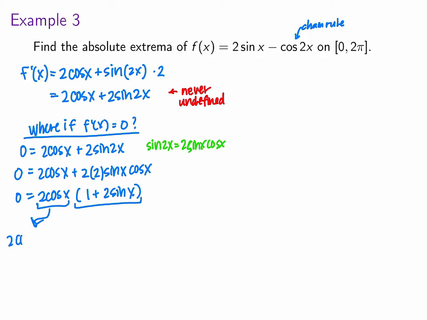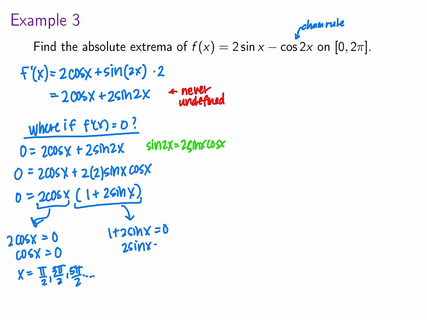So 2 cosine x equals 0 means that cosine x is 0. And when is my cosine function 0? Well, that's at pi over 2, at 3 pi over 2, at 5 pi over 2, etc. Now I have 1 plus 2 sine x is 0, which means 2 sine x is negative 1, which means the sine of x is negative a half.